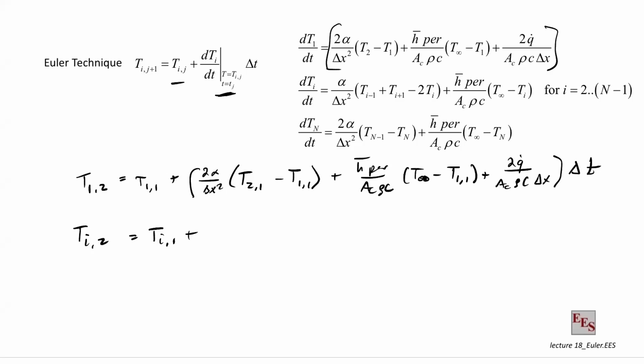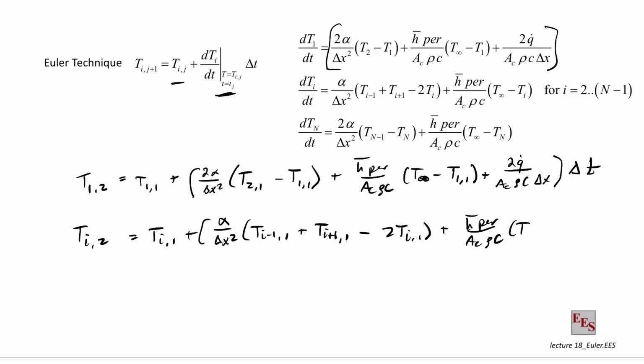It's basically the same, so I'll write it quickly: this quantity, alpha over delta x squared, times T space node I minus 1, plus T space node I plus 1, time node 1, minus 2 T I 1, plus h bar perimeter over A C rho C, T infinity minus T I 1, times delta t, for I equals 2 to n minus 1.